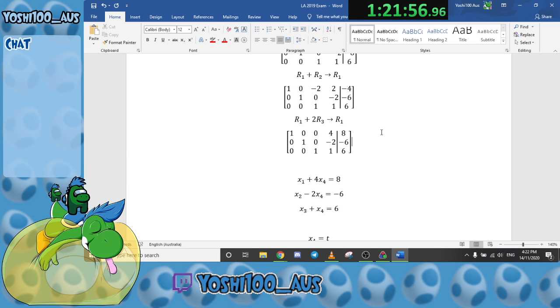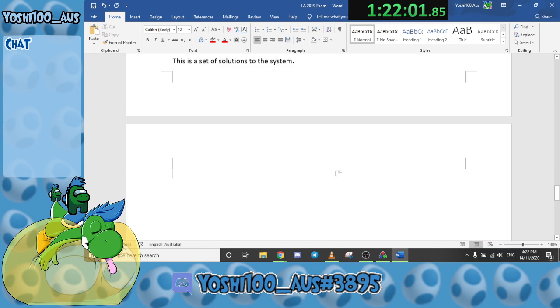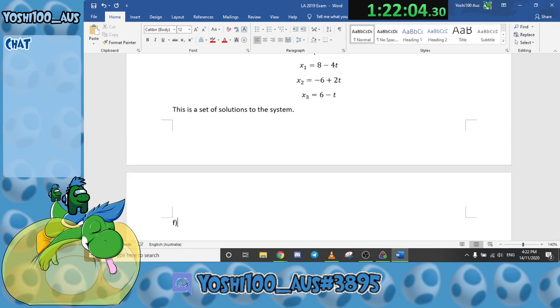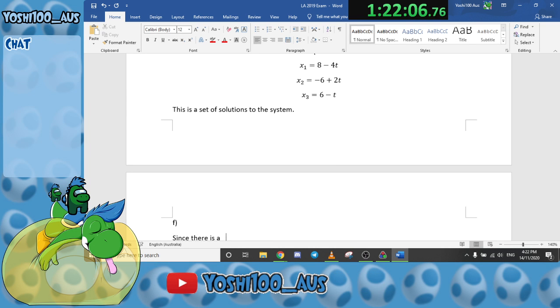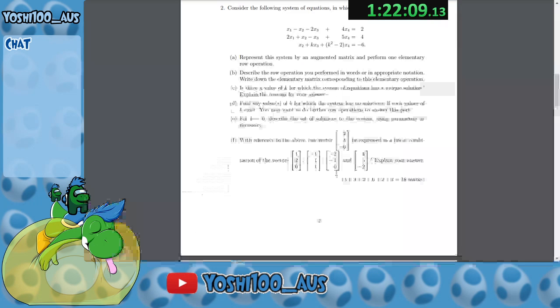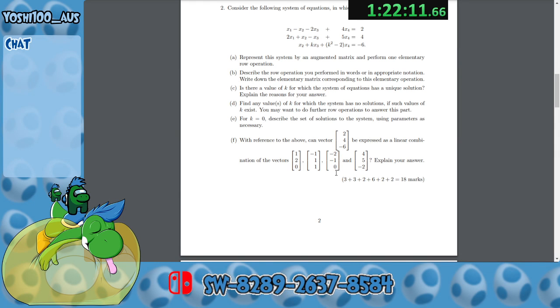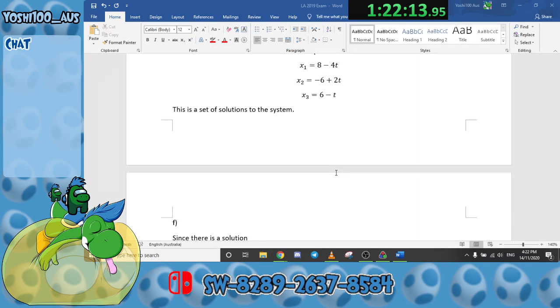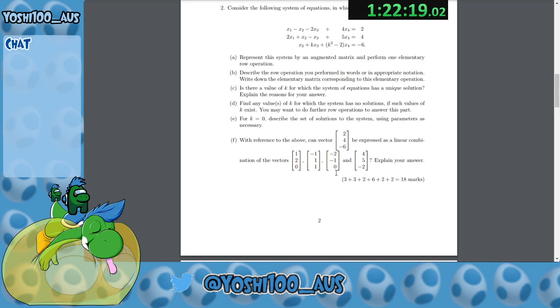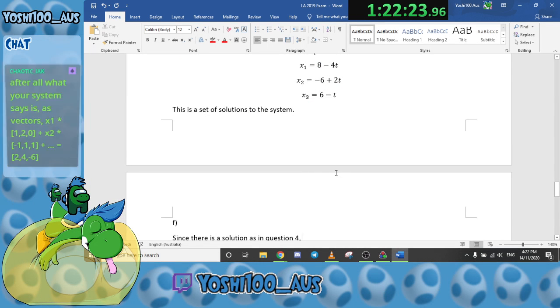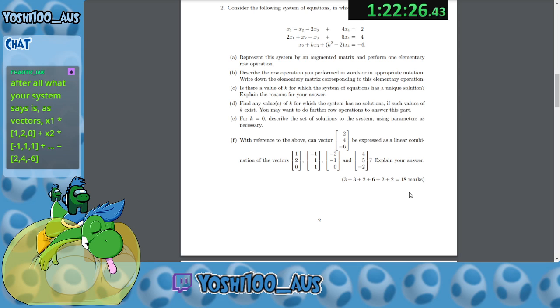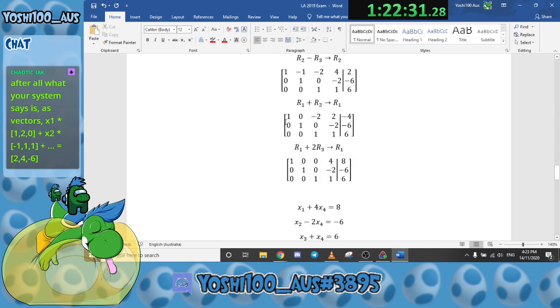Right. As in question 4. Hold on. This point distribution. No, it's not.